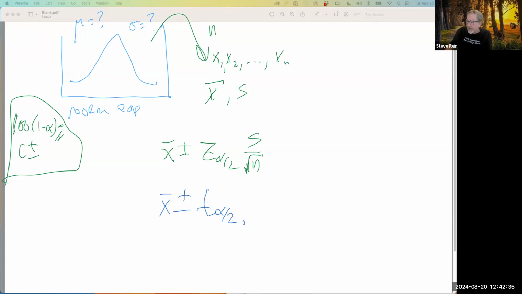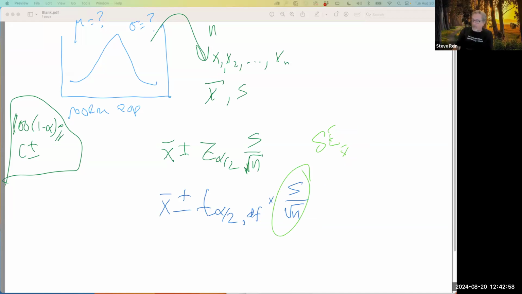And we multiply that by S over the root of N. In past classes, I've termed S over root N the standard error of X bar. It tells us how close X bar is likely to be to mu.